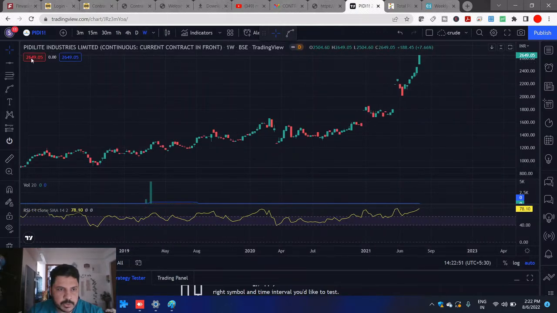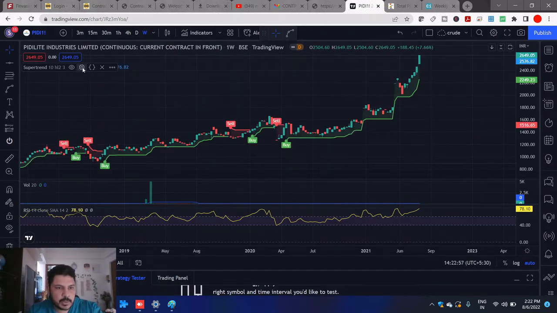And we have to use our indicator, which is super trend, and this is 14 and 3.